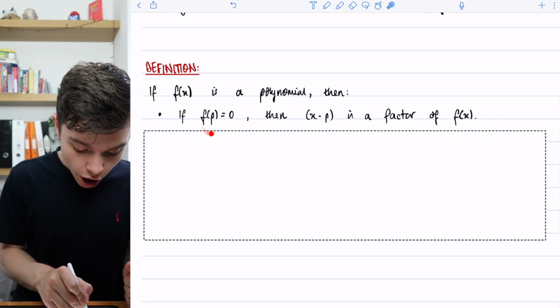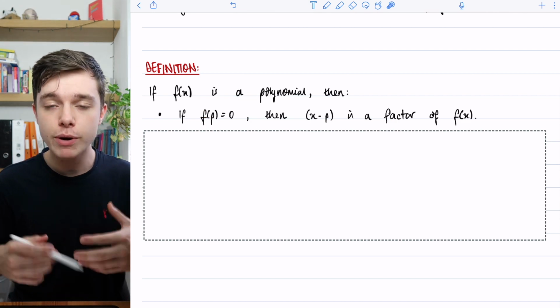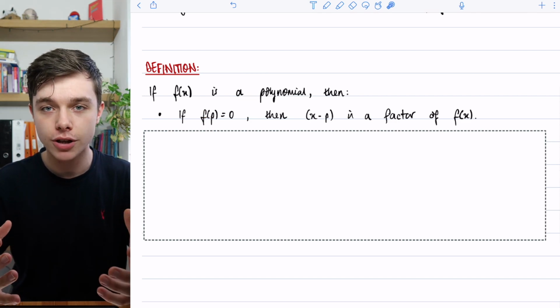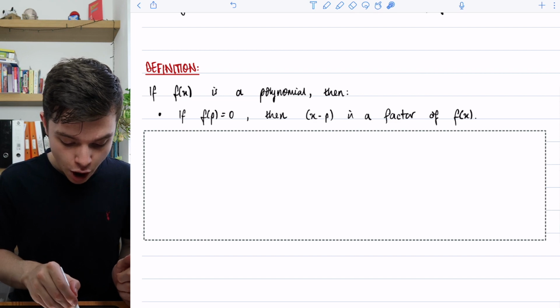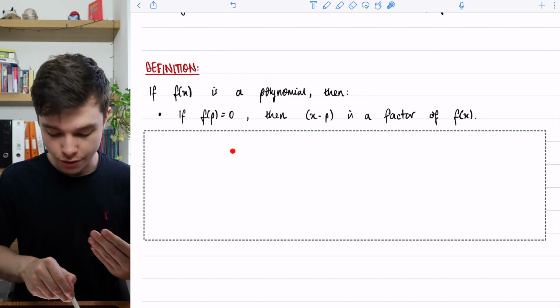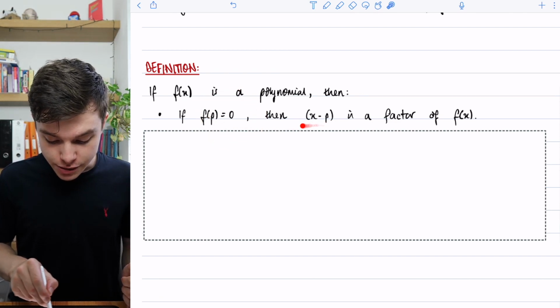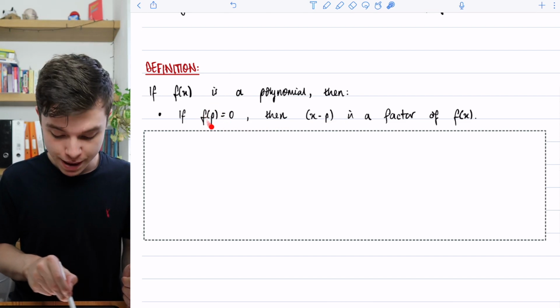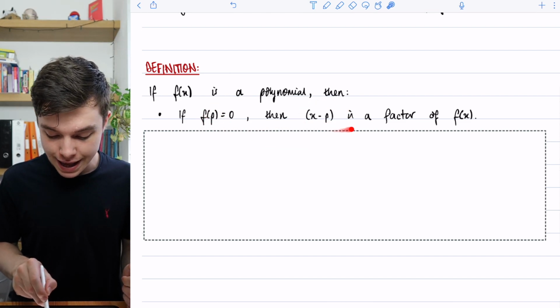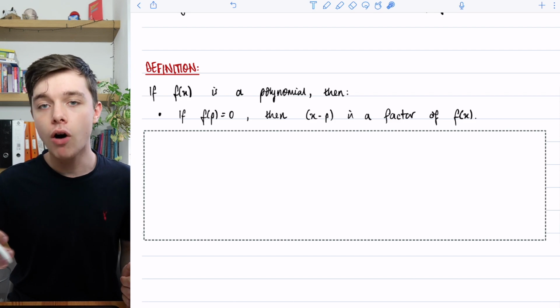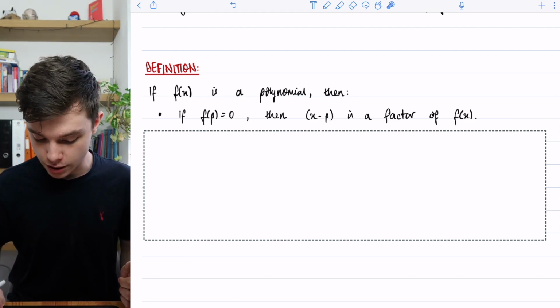So the constant that we're substituting, if we substitute that into f of x and we get the value of 0, then x minus p, here we had a positive p, that is a factor of f of x, the polynomial.